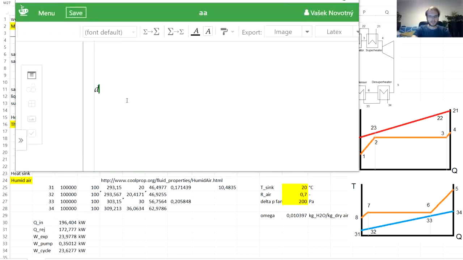Let's use the definition of technical work, which is the elementary change of technical work, dW, is VdP.